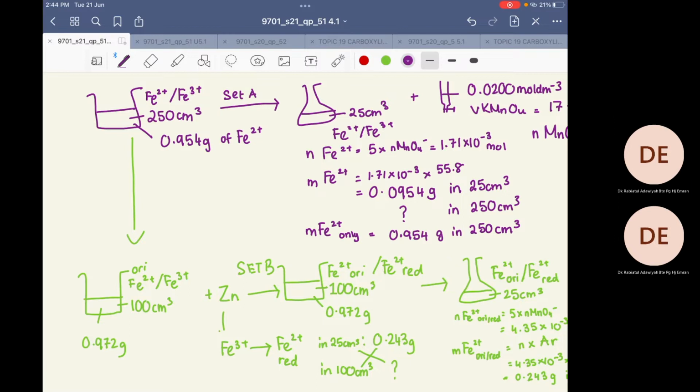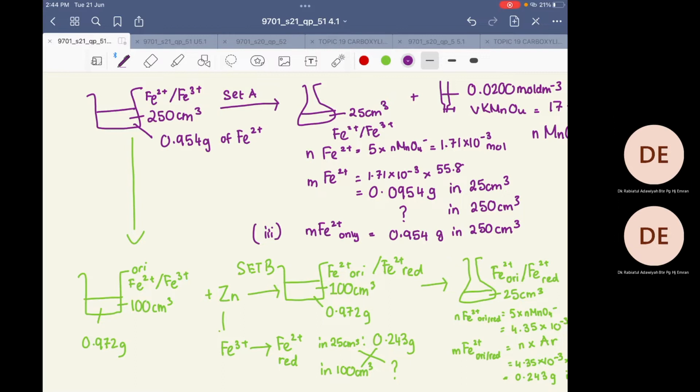And that's the answer to part 3. It's not 0.0954, but you have to multiply it by 10 because they want the total mass in the original solution, in the original volume, which is 250.